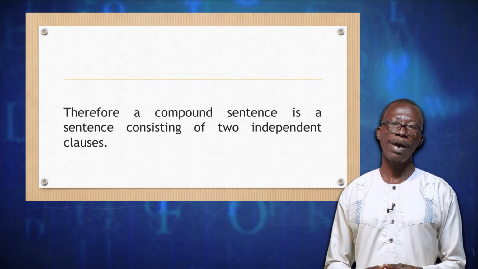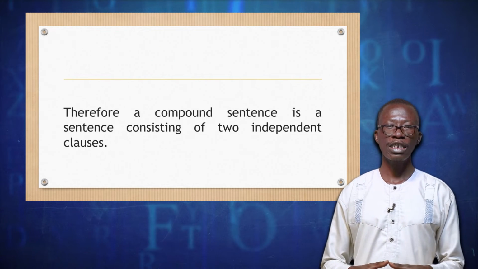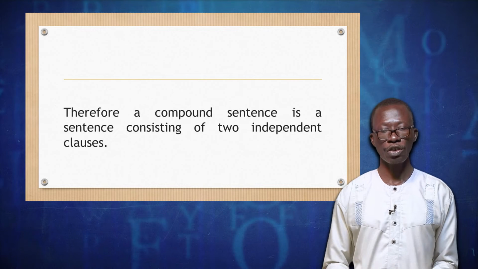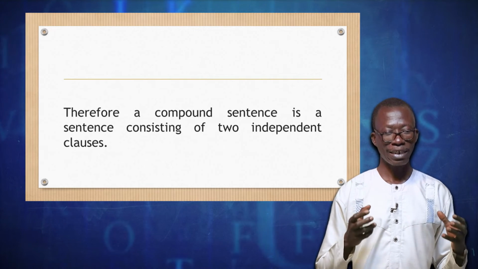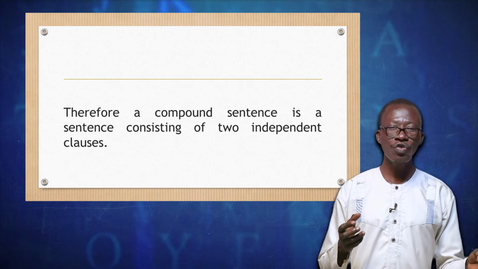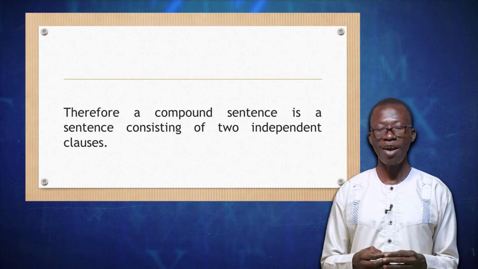So therefore, a compound sentence is a sentence consisting of two independent clauses. So any sentence that is made of two independent clauses is a compound sentence.